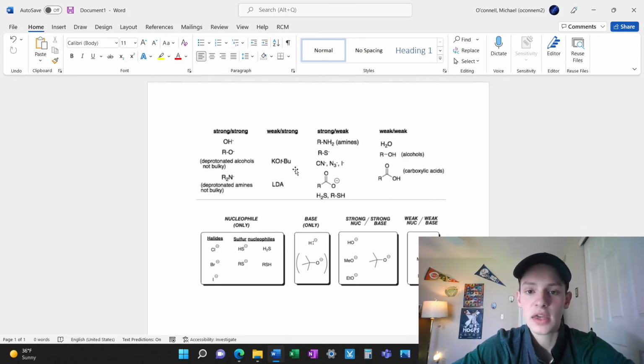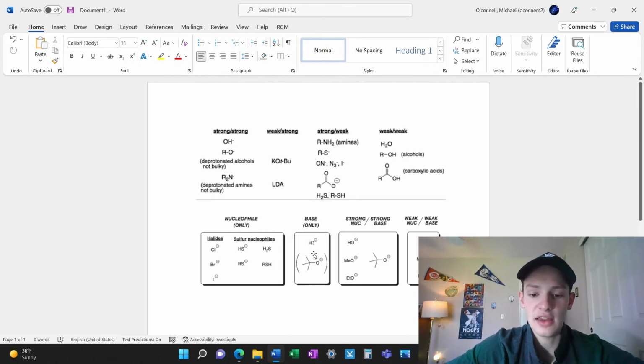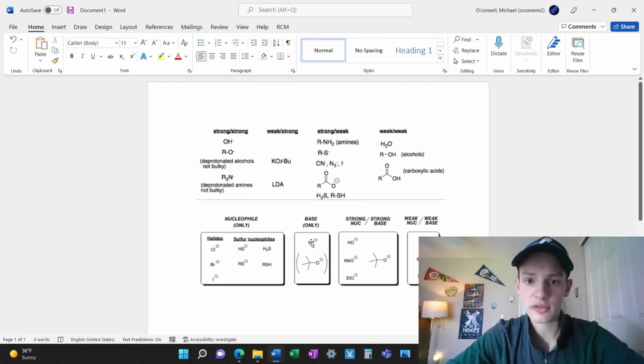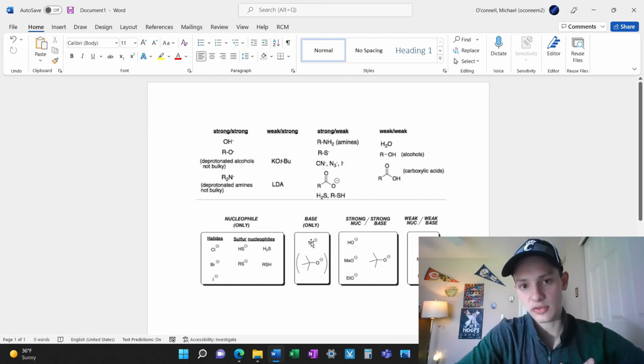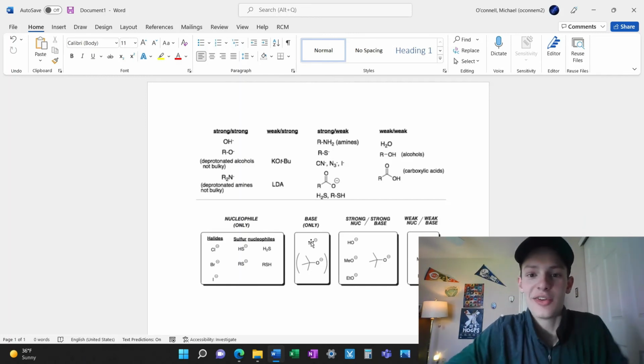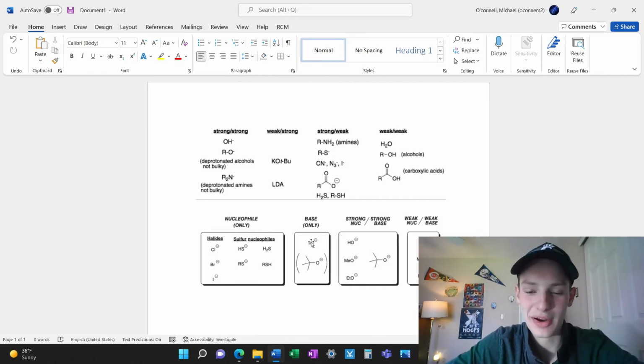Because what I had to remember is that H minus, even though it is very small and has that negative charge, is not going to be a strong nucleophile. A hydrogen is not just going to add in there and form a bond with that lone pair of electrons. It's actually going to pull off a proton.